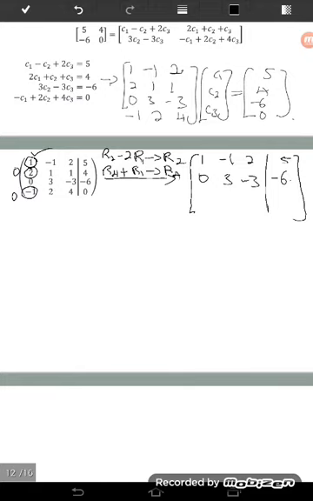Then the third row didn't change, so 0, 3, -3, -6. And the fourth row, row 4 plus row 1: -1 plus 1 is 0, 2 plus -1 is 1, and 4 plus 2 is 6, and then 0 plus 5 is 5.